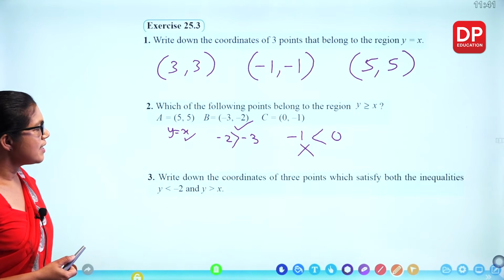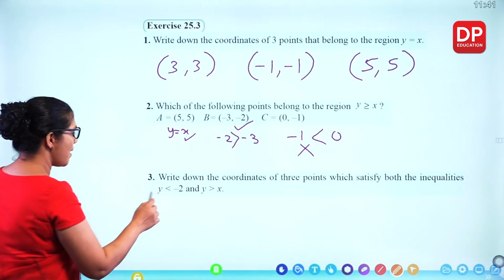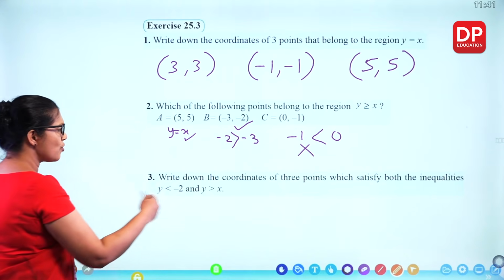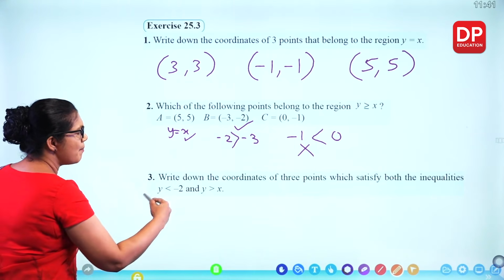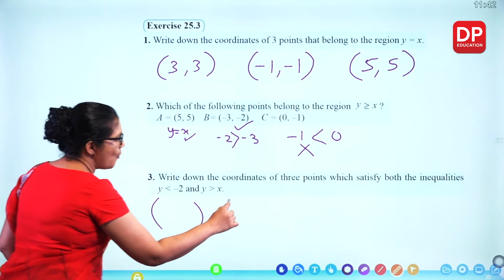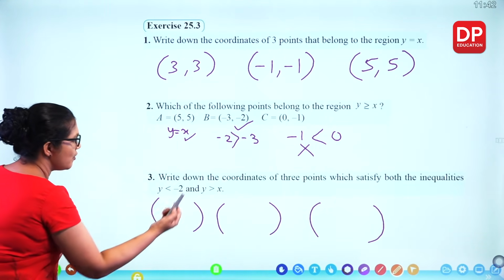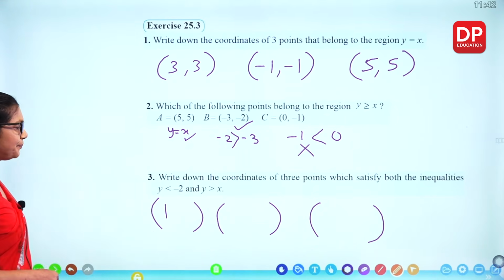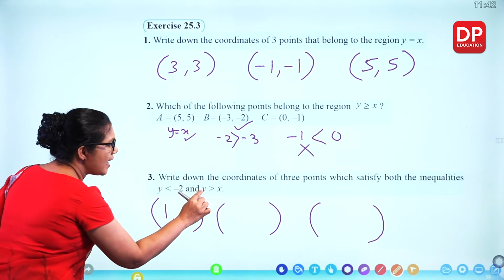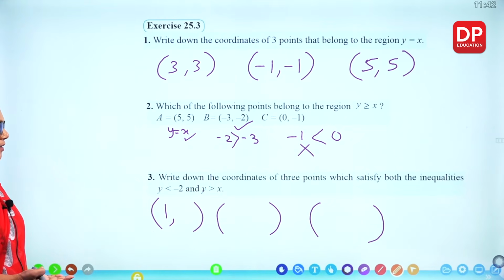Now look at the third question. Write down the coordinates of 3 points which satisfy both the inequalities y less than -2 and y greater than x. So you have to look carefully at both these inequalities. Here we'll try with 1 x value. Now we'll take x as 1. So x as 1 means the y value should be greater than 1.